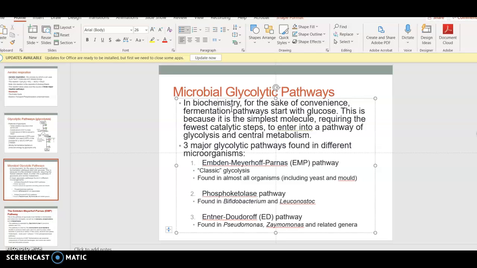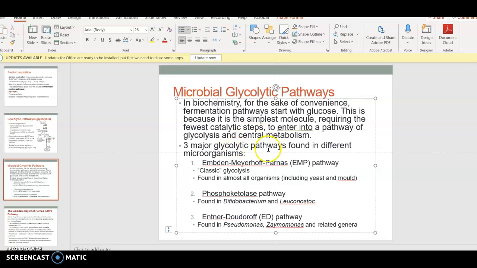For example, instead of producing lactic acid, if you add fructose, it can probably produce butyric acid instead. We're going to use glucose because this is the simplest molecule, requiring the fewest catalytic steps to enter the pathway of glycolysis and central metabolism, which is the TCA cycle.